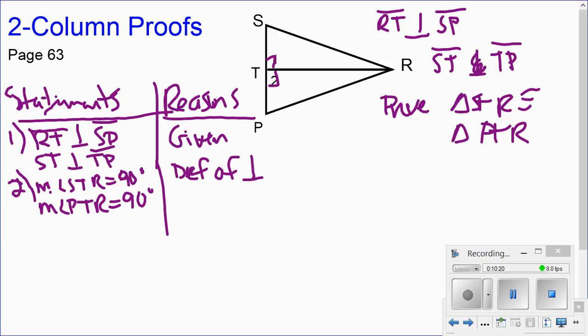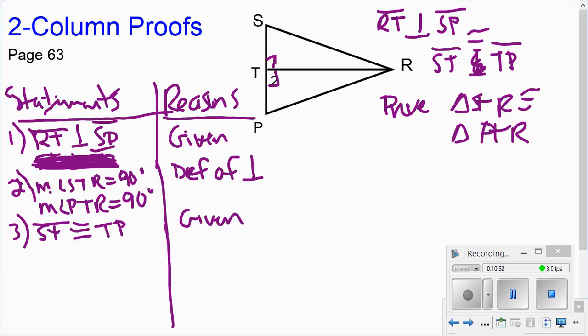It says that ST is congruent to TP. So we're going to just get rid of that here. Okay, not a big deal. So we already had the perpendiculars, and now let's list our next given then, since I messed that up. So our next given is segment ST is congruent to segment TP, and that's given.